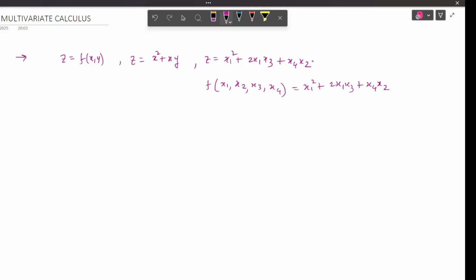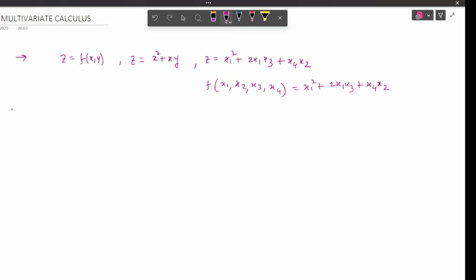See, as for functions of a single variable, the calculus can be developed for functions of several variables also. That is, the concepts of limit, continuity, and differentiability can also be applied to multivariate calculus.